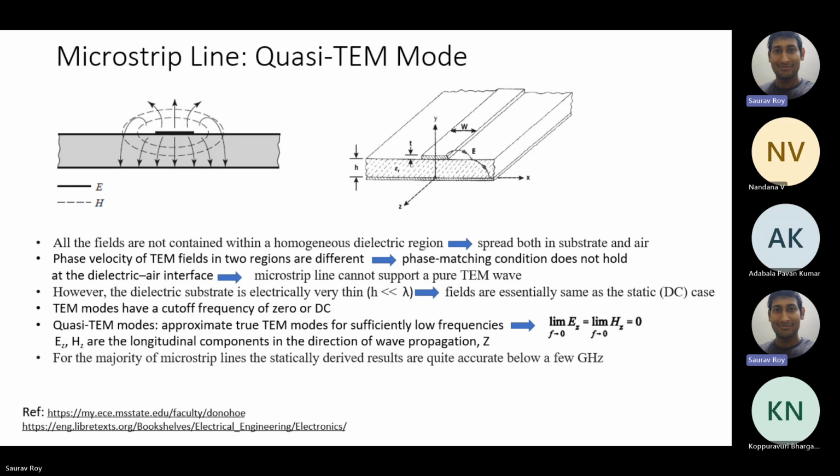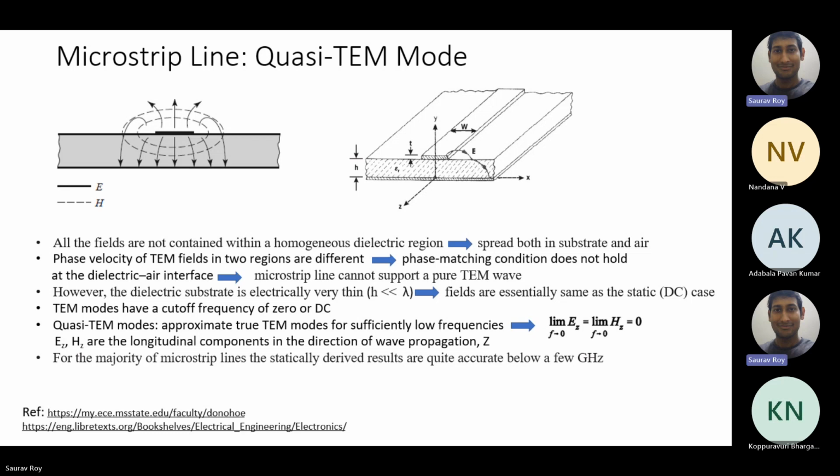Okay, mode. So in the microstrip line, what happens? We have the quasi-TM mode. Let's see what this is all about. In the left-hand picture you see the field lines, almost similar to a transmission line. But now we have two kinds of media: at the bottom we have the substrate and in the upper layer we have air. So the field lines will be different.